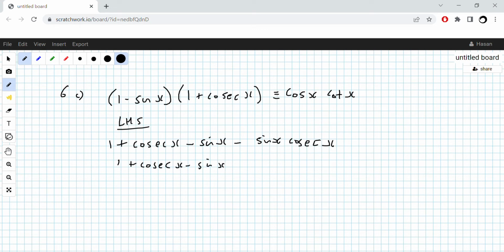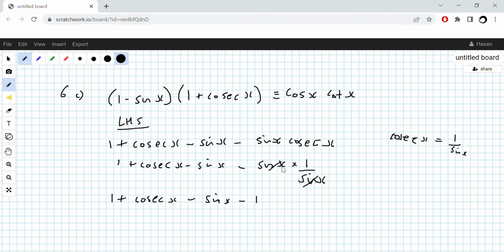Now we can clean this up as 1 plus cosec x minus sin x, and we recognize cosec x is the same as 1 over sin x. Therefore, we can write sin x times 1 over sin x, and these two can cancel out. So we'd be left with 1 plus cosec x minus sin x, then minus 1.